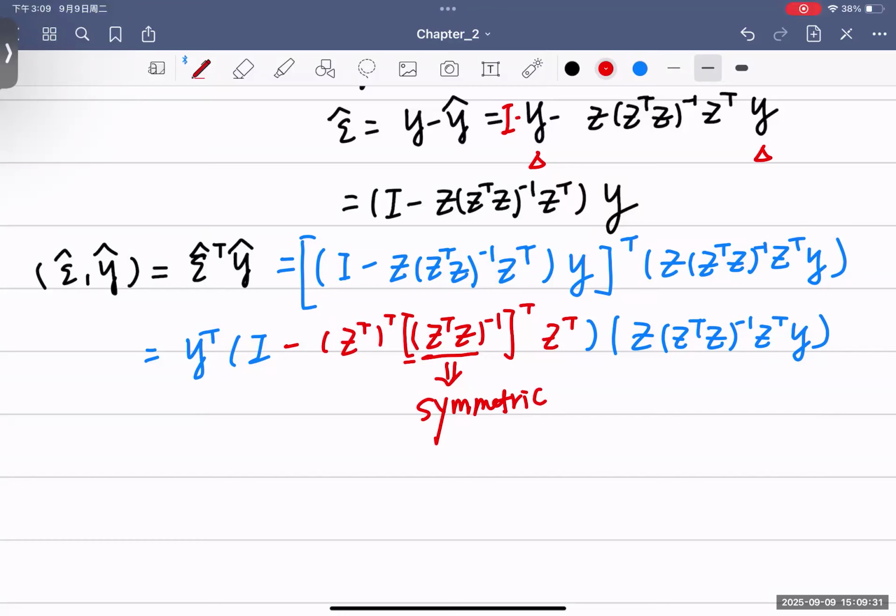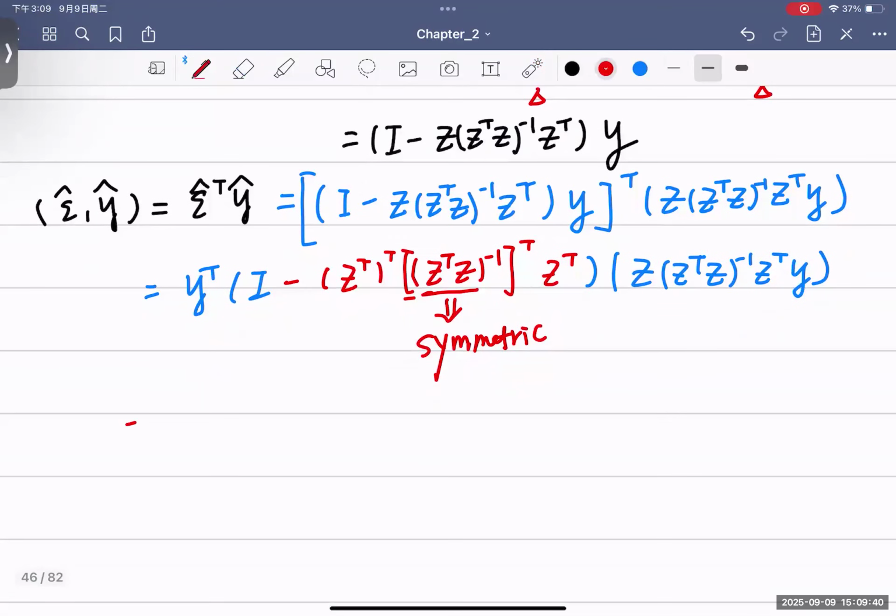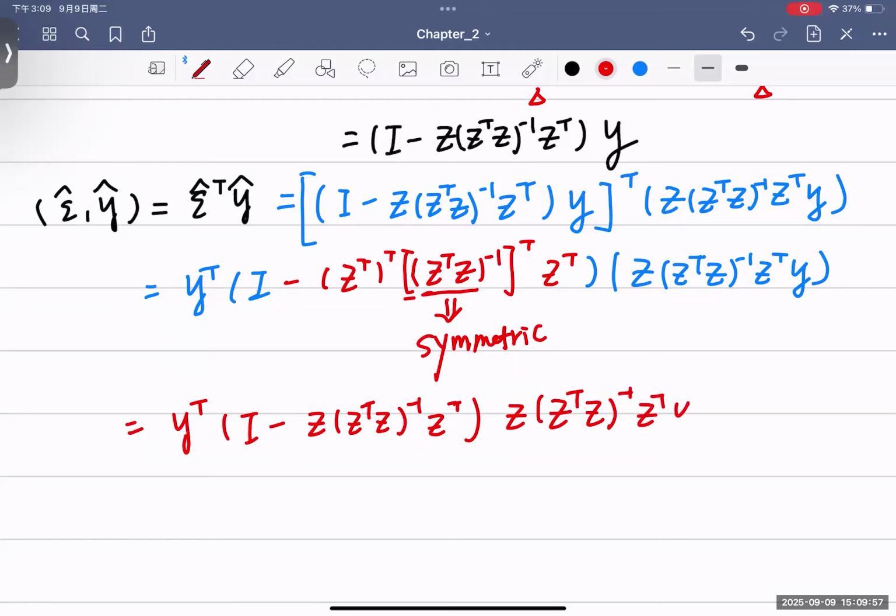You can easily check this, because Z transpose Z is symmetric and its inverse is also symmetric. So we just keep this part as a component, this part as a component, this part as a component, and we just handle the intermediate part.